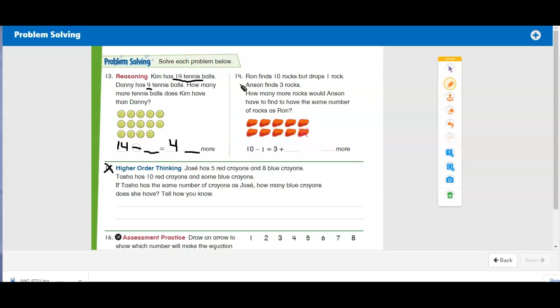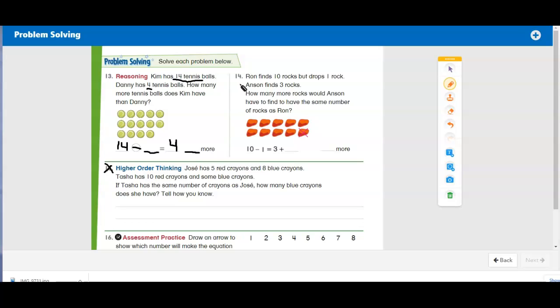Ten minus 1. 9. Ron would have 9 rocks. So just remember that in your head. Anson finds 3 rocks. How many more rocks would Anson have to find to have the same number of rocks as Ron?